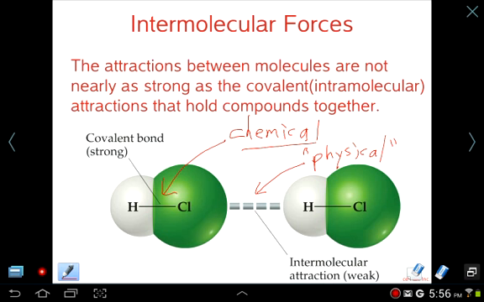Now these are good ways of thinking about them. There are cases in which chemical and physical bonds really cross between the two much more easily. But in general, we'll be taking a look at the forces between molecules, and these forces will influence properties such as boiling points and melting points and viscosities and the like.